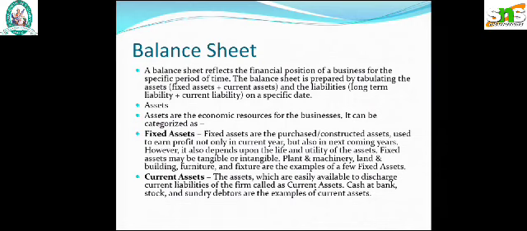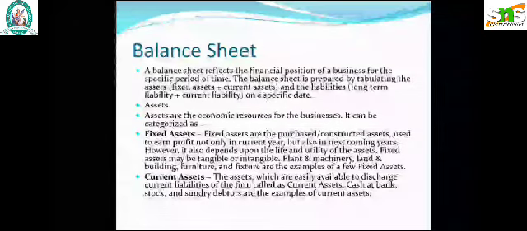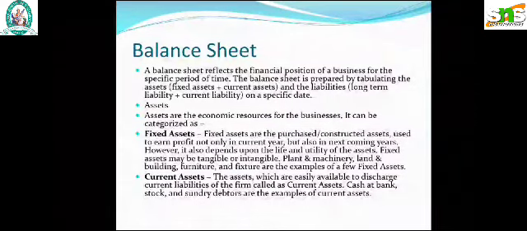Then the last one is balance sheet. A balance sheet reflects the financial position of the business for the specific period of time. The balance sheet is prepared by the assets, fixed asset plus current asset, and the liabilities, long-term liability plus current liability. Fixed asset. What is meant by fixed asset?